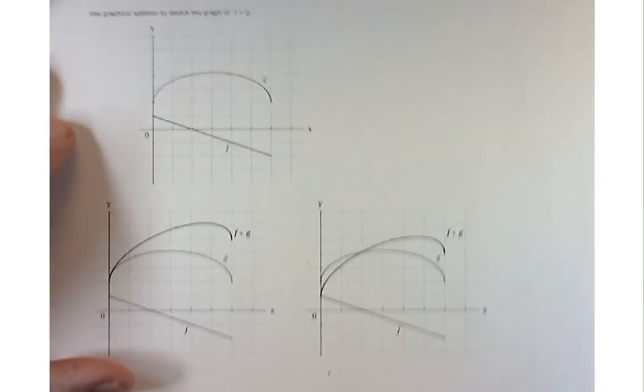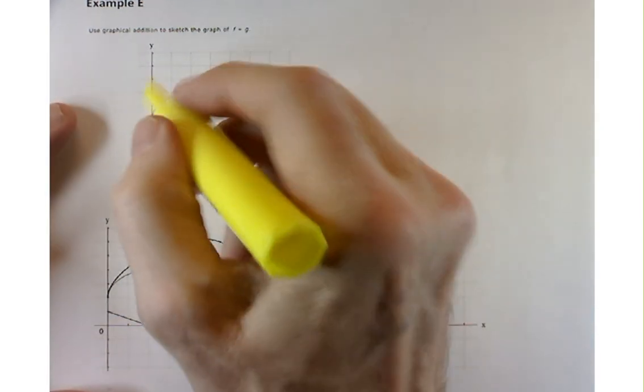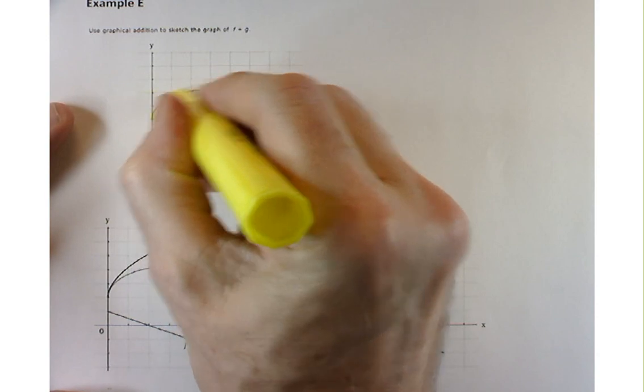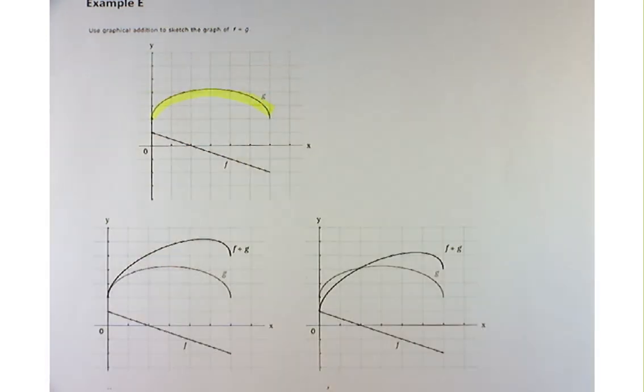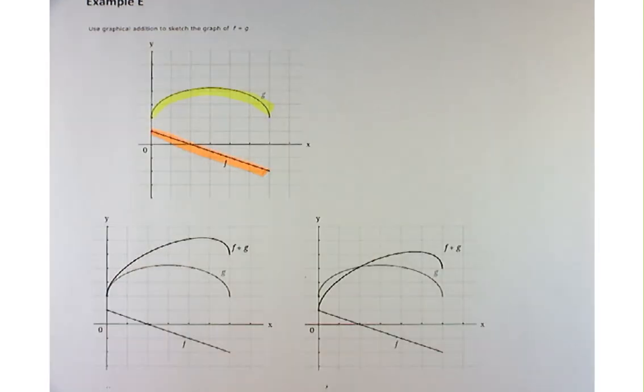Let's move to example E. So this one is just really asking you to add a couple functions. No, that's g of x, my bad. That's g of x, here's f of x. And on WebAssign, you're going to be given a couple choices.